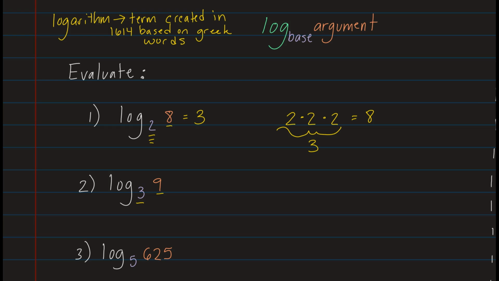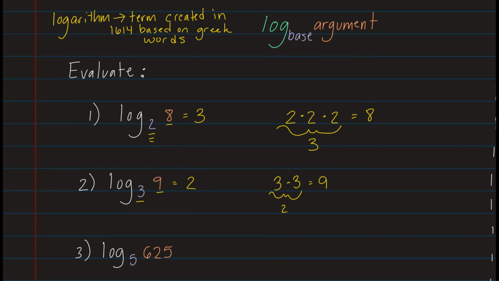So let's try it over here. 3 times itself is just 9. So how many times did we multiply 3 times itself to give us 9? 2. There are 2 3's multiplied together to give us 9. So that means log base 3 of 9 is equal to 2.